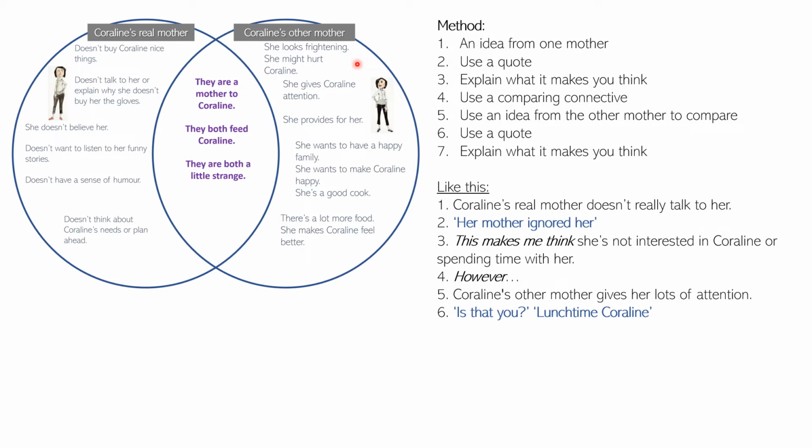Okay, so I want you, Year 7, to try and write a comparison comparing Coraline's real mother, using some of these ideas here with a quotation, comparing it to some of these ideas here. Okay, and for each one, use these 7 ideas here.